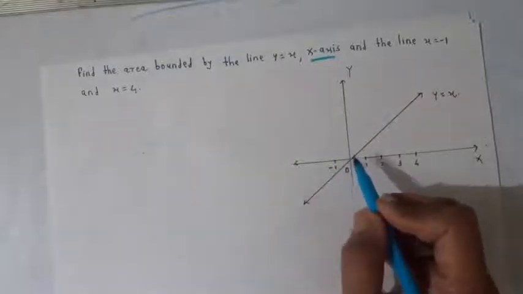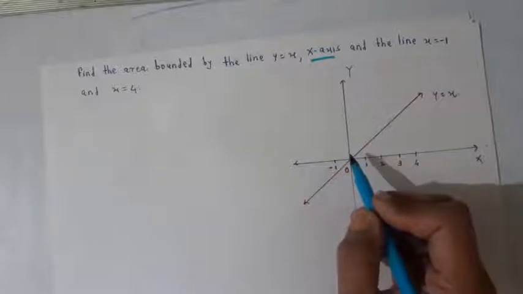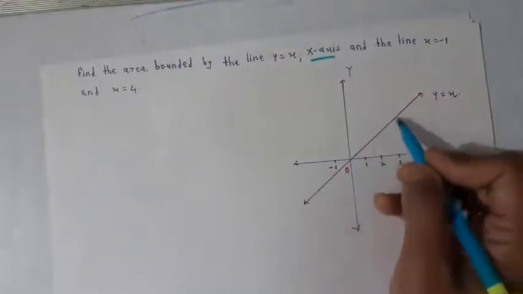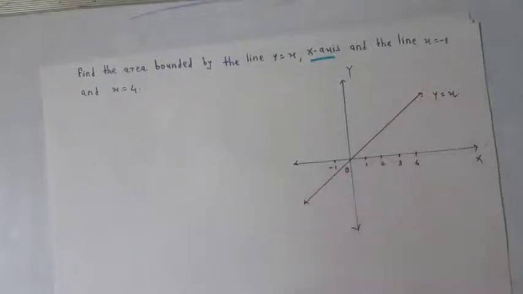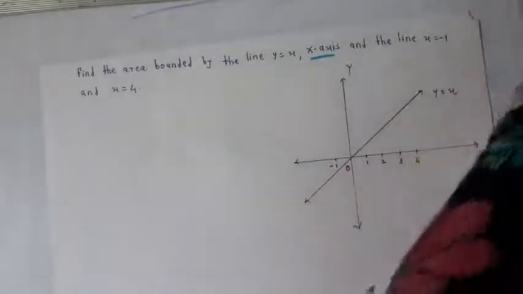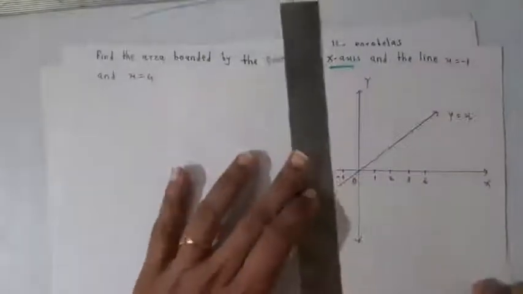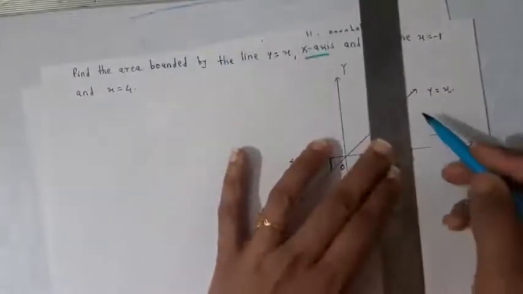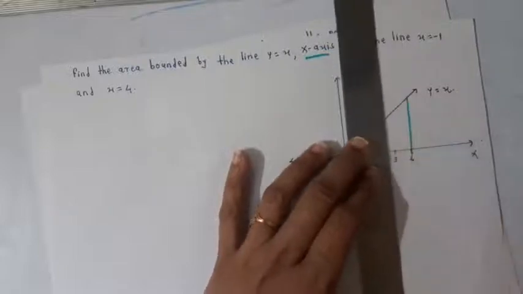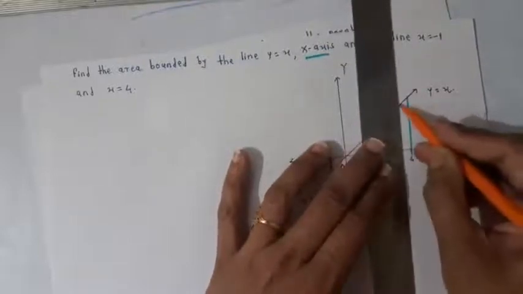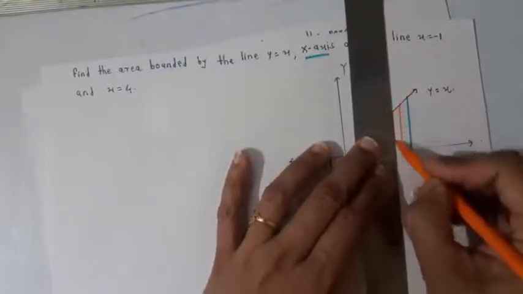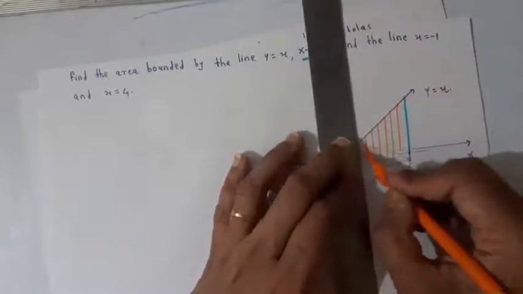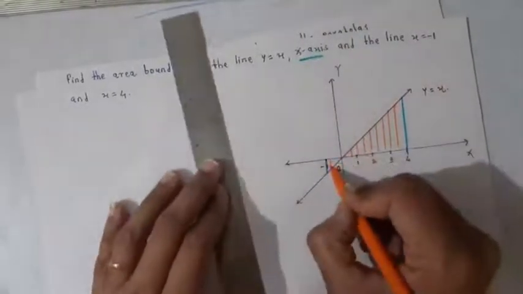Suppose this is the line x equal to minus 1, and this is x equal to 4, and therefore this is the shaded area that we have to find out.